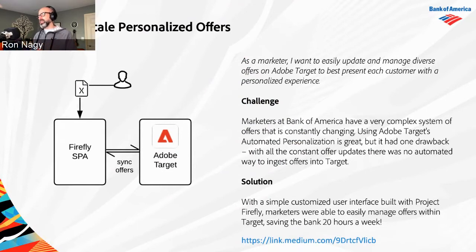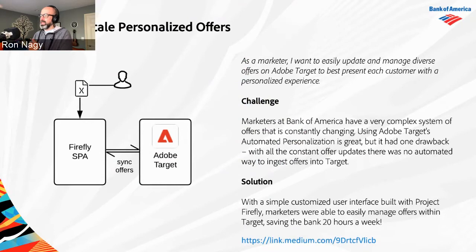So scaling personalized offers. This is, again, another runtime use case that Bank of America is actually in the process of moving over to Firefly. And I think this highlights really the flexibility of what can be done in terms of working with Adobe products through APIs, right?